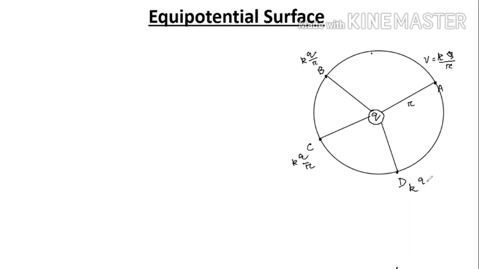Here also we will see the same potential KQ by R, and here also, where this is going to be small q. So that means on this sphere, at every point you have the same potential.